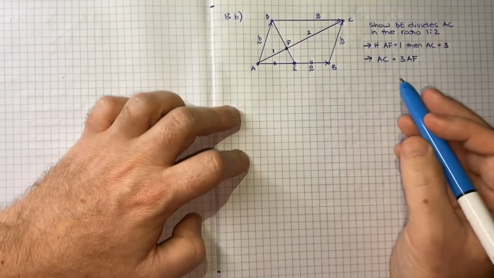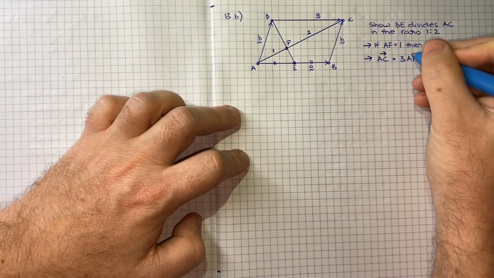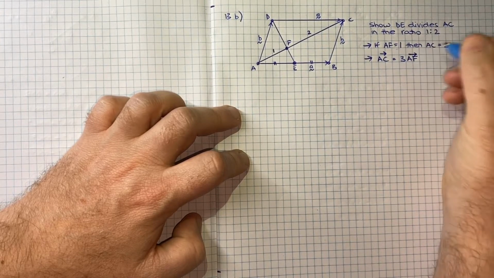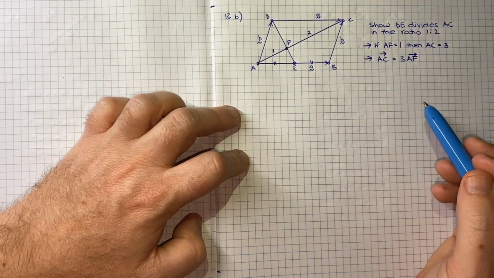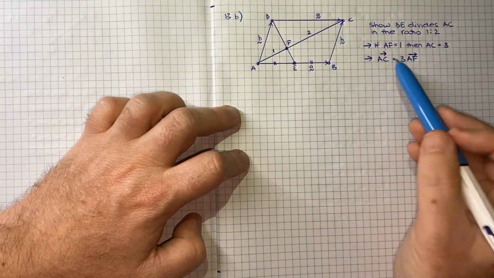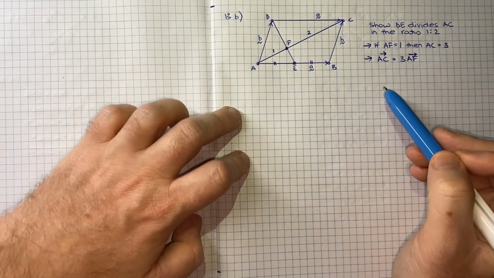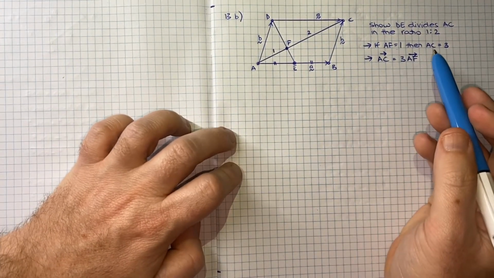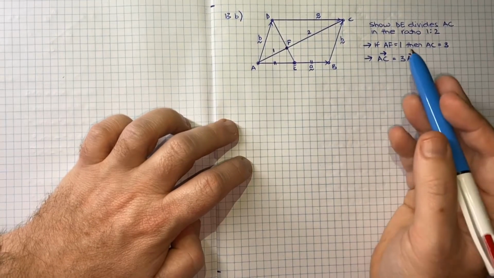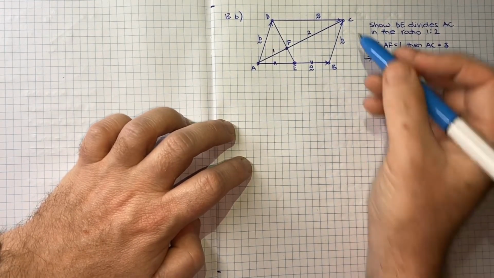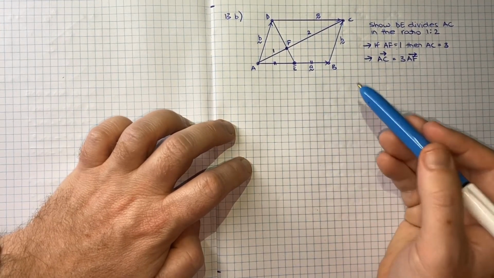And because we're asked to use vectors, we can think of it as the vector AC being 3 times the vector AF, and we'll use vector techniques to nut this out. A natural starting point is a technique that maybe is not very well known, but is quite handy.